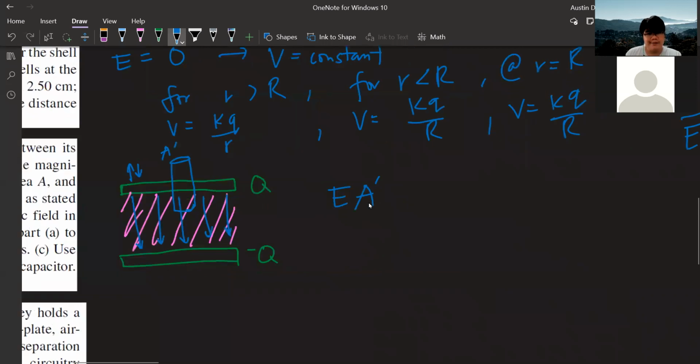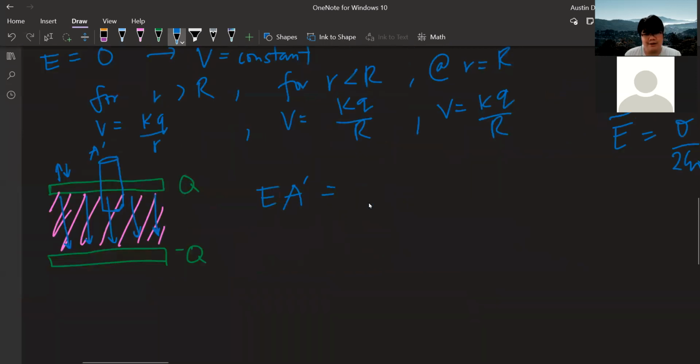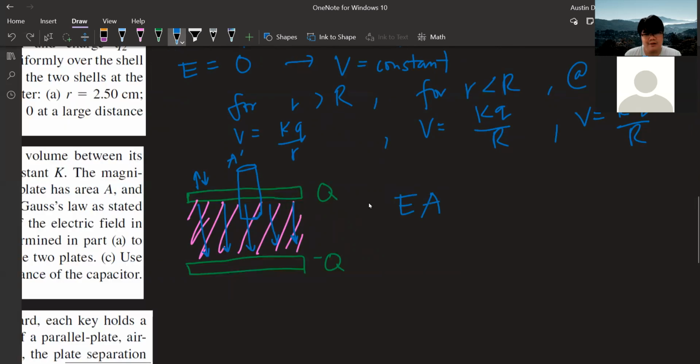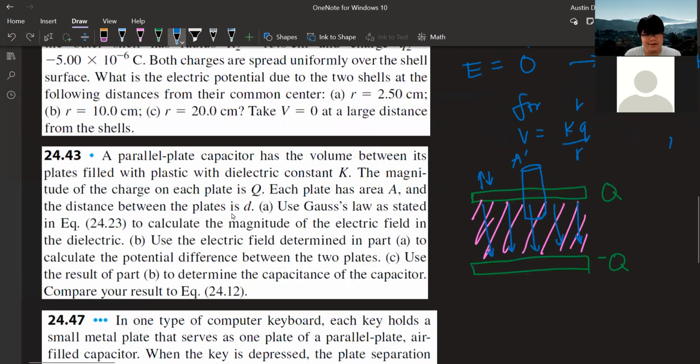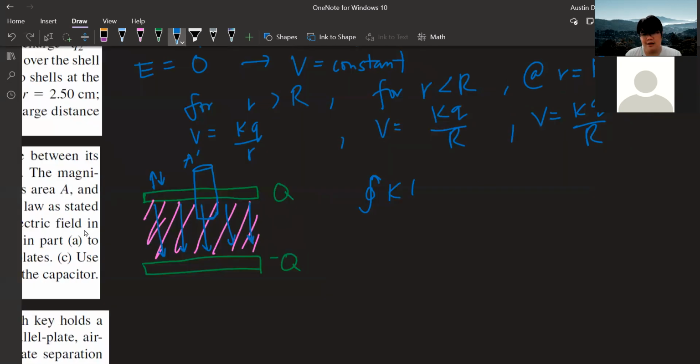And then gamit yung formula, Gauss's law as stated in equation 24.3. Basically, yung ganito yung itsura nun: integral of K E dA over Q free epsilon naught.